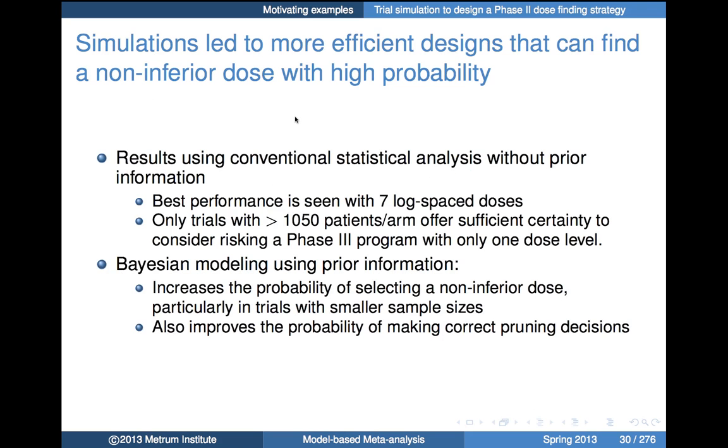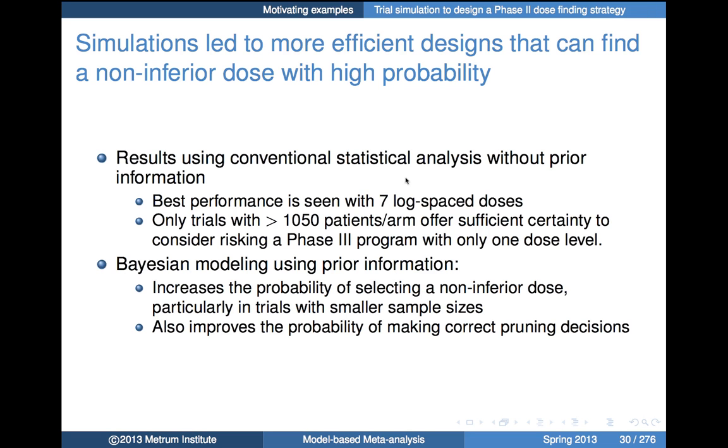And I won't go through this in detail; it's something we'll actually go through in more detail at a later point in the course. But just to give you a basic flavor, one of the things that was compared was how the trial would do if you used fairly conventional statistical analyses that did not incorporate any prior information versus a trial design that used Bayesian modeling that incorporated that prior information.